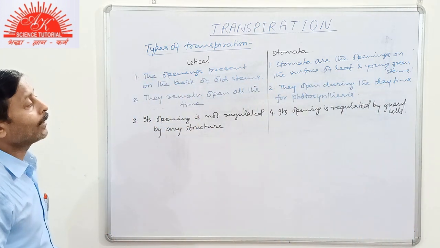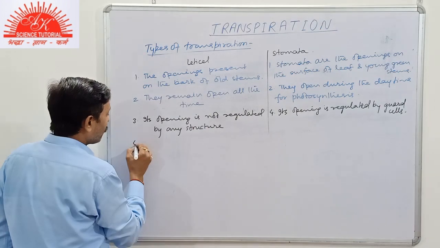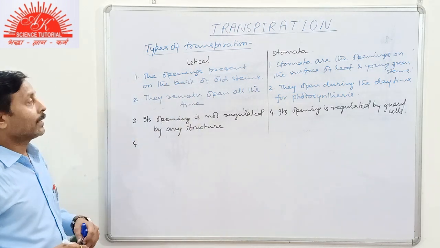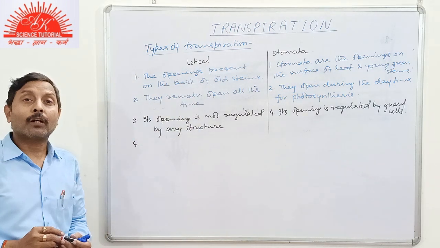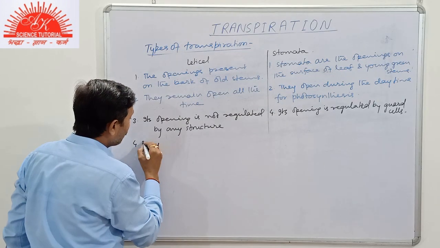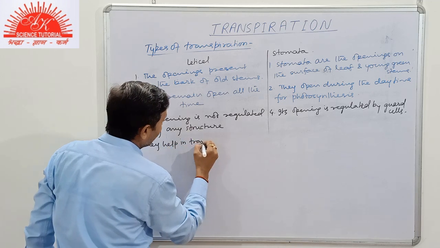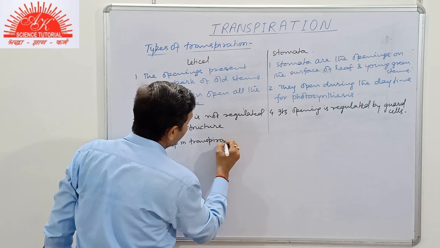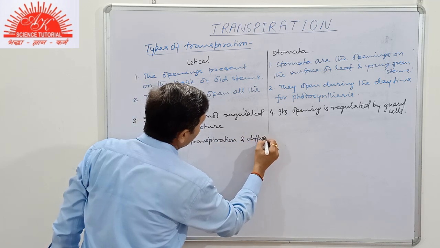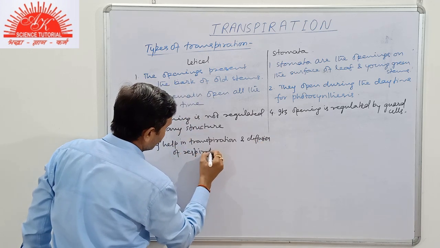Further, through the opened lenticels, diffusion of respiratory gases also takes place. So they help in transpiration to a small extent, and in diffusion of respiratory gases.